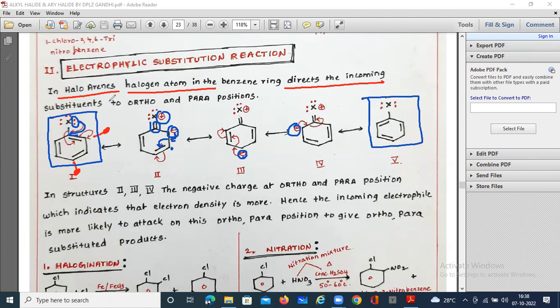See here, I will use another color. For this benzene ring, the left side of this double bond comes to the right-hand side, and the right side of the top becomes the left side of the top. The right side of the bottom becomes the left side of the bottom, just mirror images.